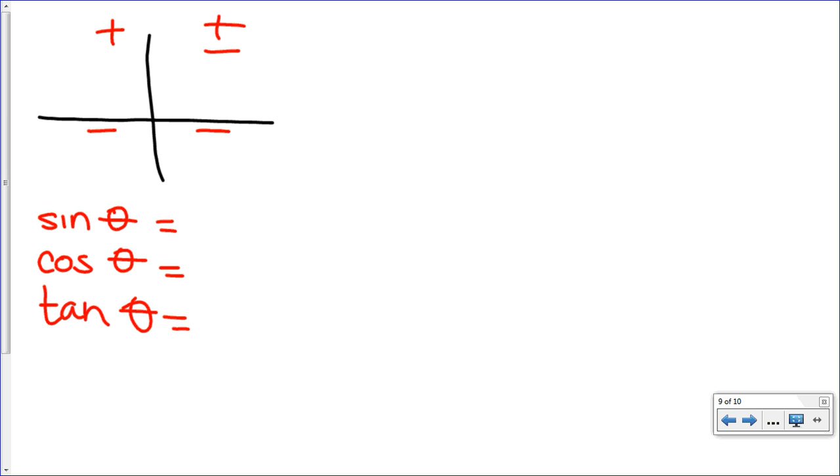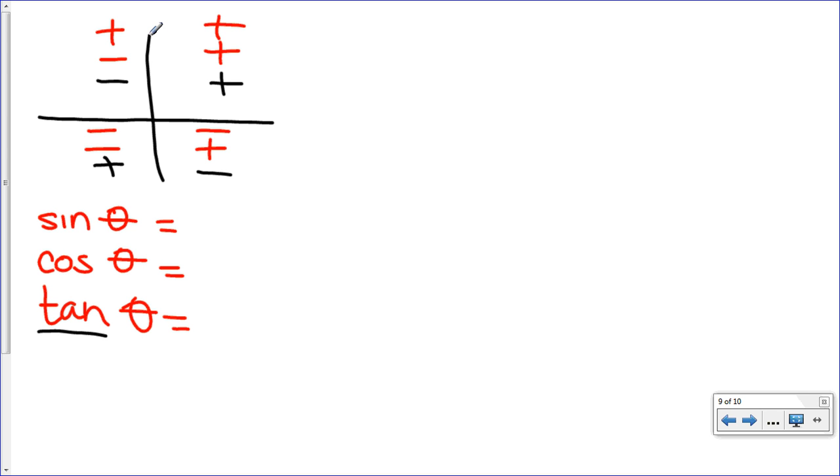Cosine is positive, you say, Brisa, 1 and 4. Very good. It is negative here and here. And then finally, for tangent, since this is a division of one over the other, tangent is positive in quadrants 1 and 3, but negative in quadrants 2 and 4. Now, that's something you really need to know by now.